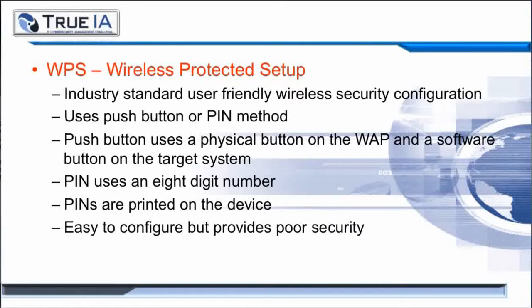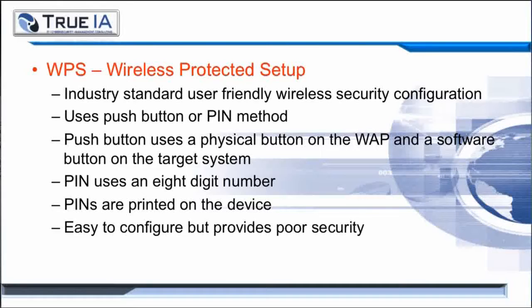First, we'll start with Wireless Protected Setup, or WPS. This is an industry standard which is extremely user-friendly, and it allows for either push-button or PIN authentication. For push-button mode, you'll push a physical button on the wireless access point itself, and then on whichever device you're attempting to authenticate with, you'll push a software button, and the two devices will auto-configure from there.